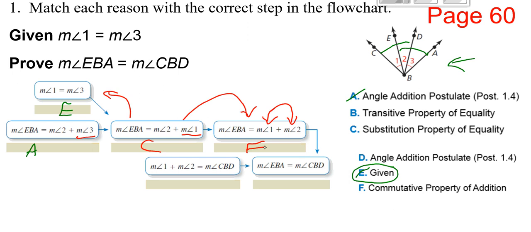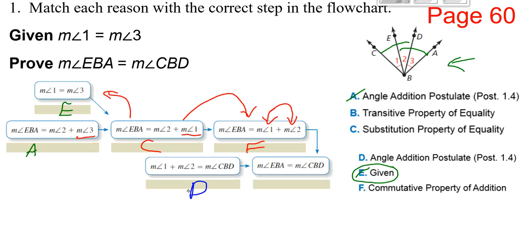And then before we get to our conclusion, we see we have the measure of angle 1 plus the measure of angle 2 equals the measure of CBD. Well, that's again our angle addition postulate. So that is D or A, depending on the order you choose.